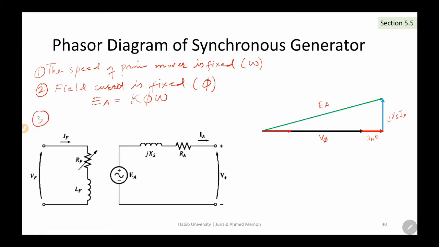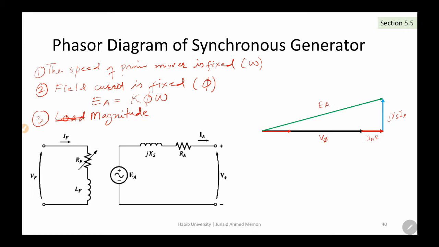The third thing that we want to assume is that the magnitude of the load current is fixed. When we want to compare, we want to ensure that we only vary the nature of the load and we do not change the other things.